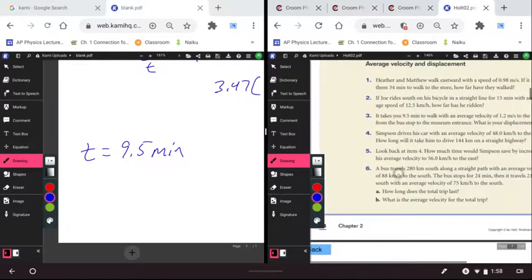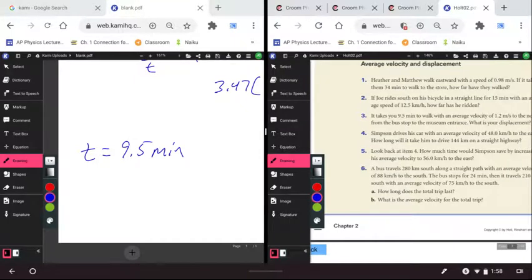We have a velocity of 1.2 meters per second. And so what we end up with here is a conversion, 9.5 minutes times 60 gives us 570 seconds.